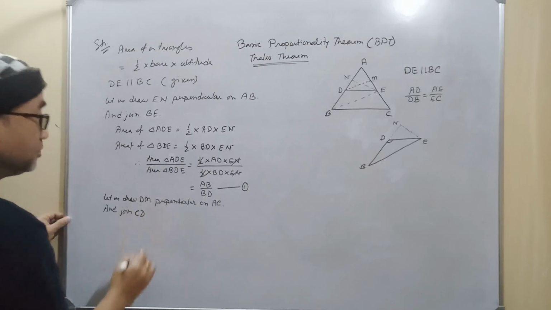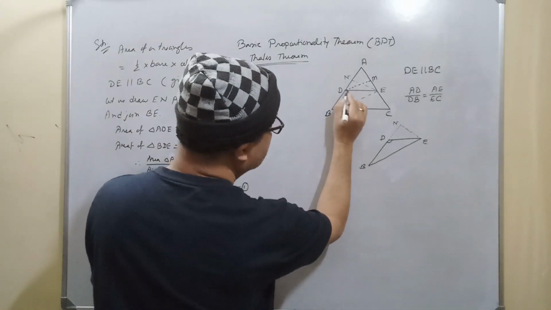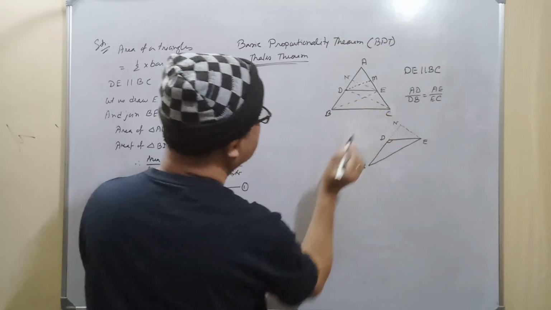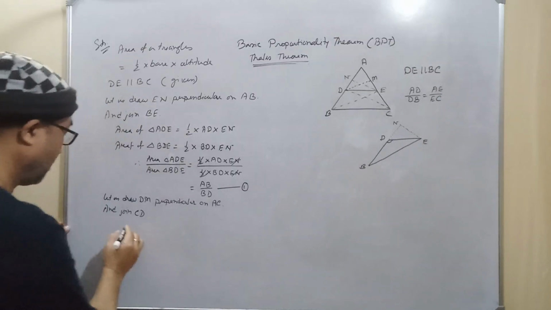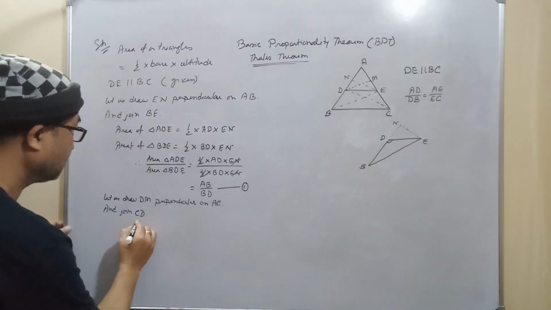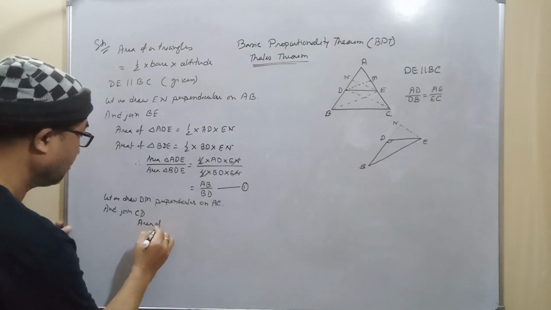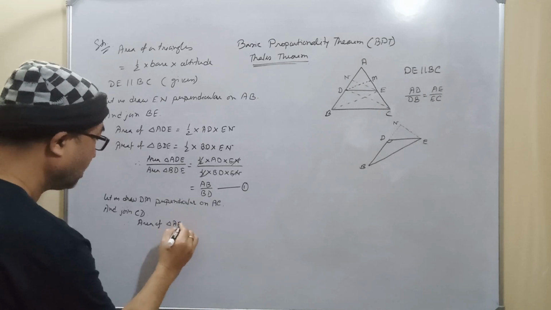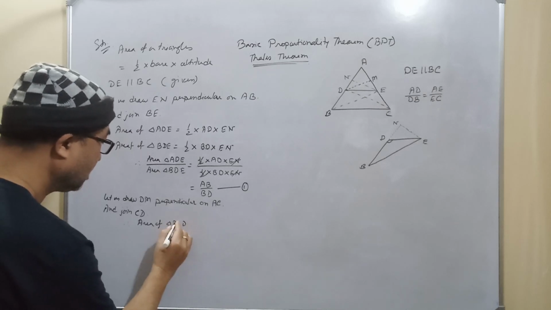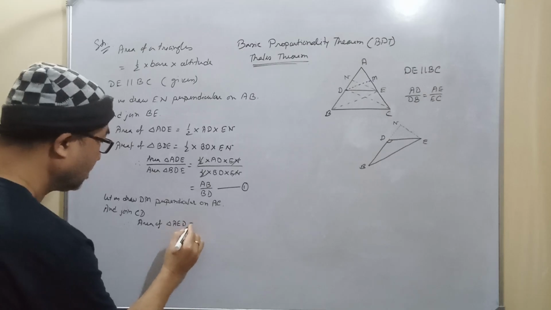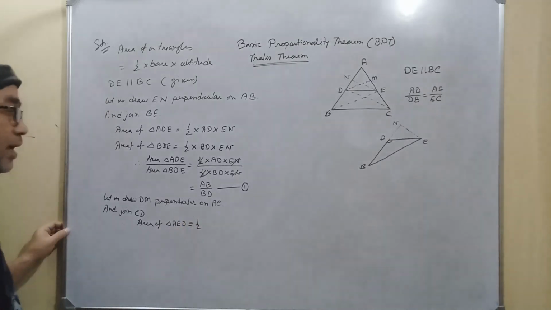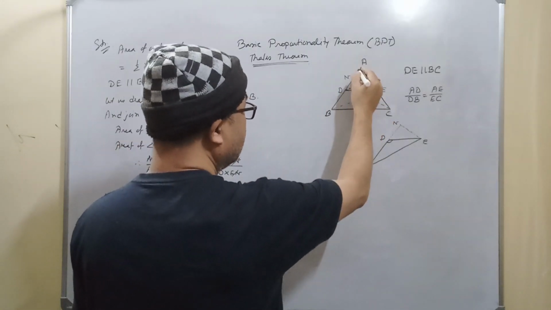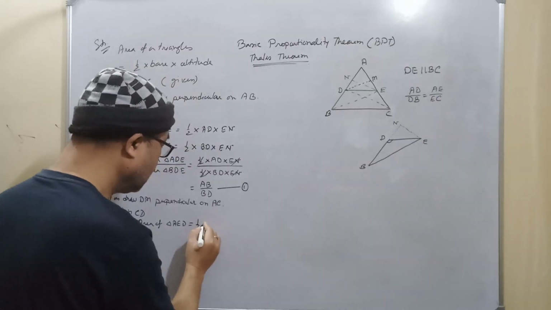Let us join CD. Hence, area of triangle AED is equal to half of, in this triangle AED, what is the formula?